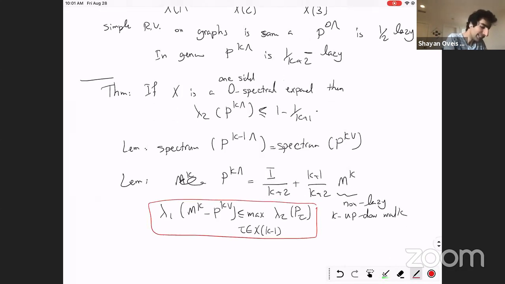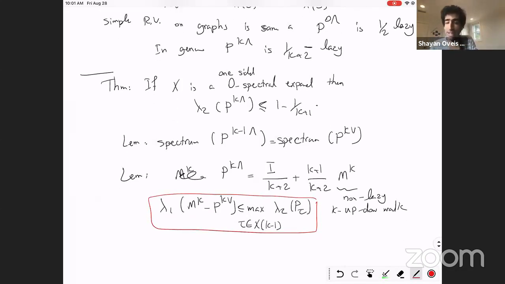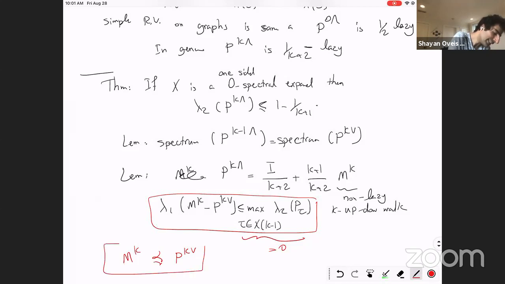It says that basically if all of the links of dimension k minus 1 are spectral expanders, their second eigenvalue is very small. So in our case, we have a zero one-sided spectral expander, so the second eigenvalue is 0. So in this case, this is 0. So that says that M_k is basically less than or equal to, in the PSD sense, P_k down-up.